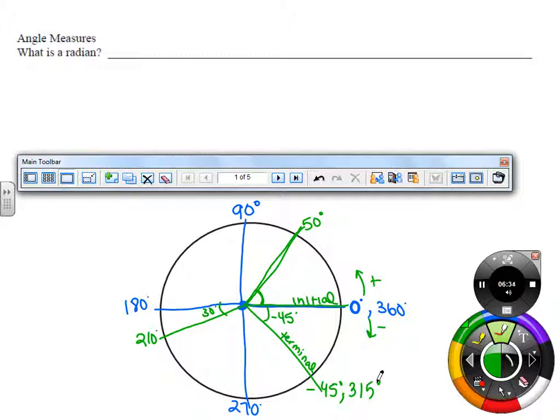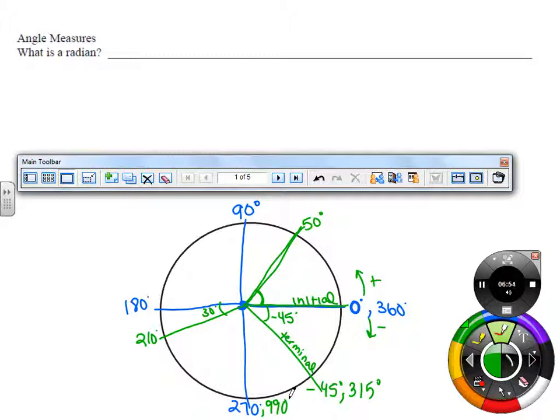So if I was going 990 degrees, I'd go around. There's 360. I'd go around again. There's 720. And according to my little arithmetic over here, I have 270 degrees left to go. So guess what? I would end up right here, and this is actually the same thing as 990 degrees.